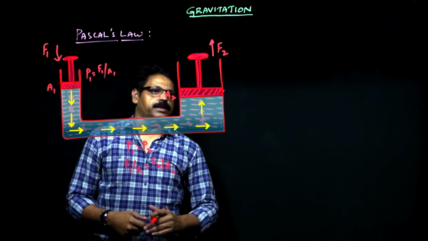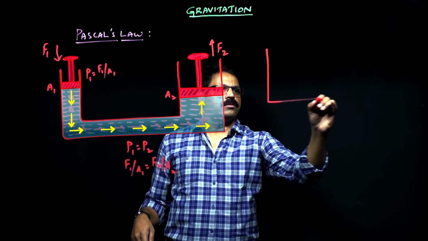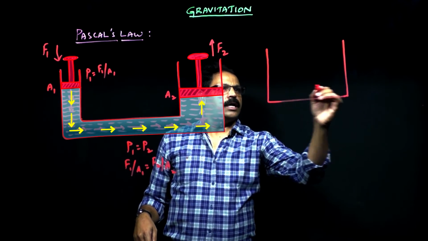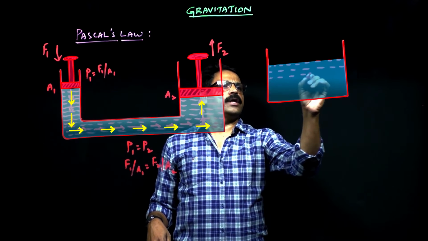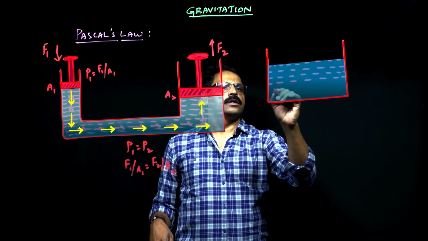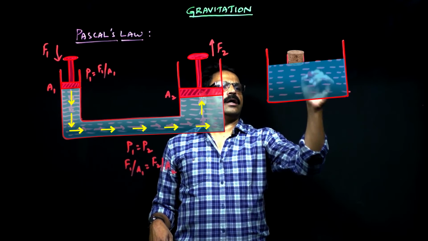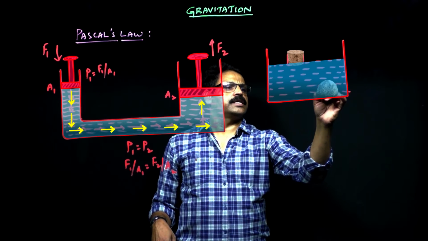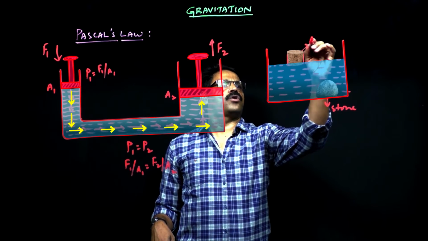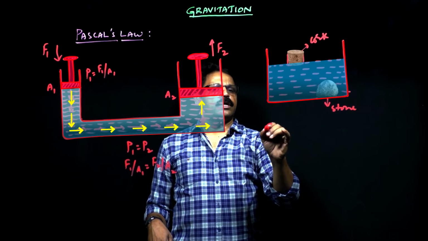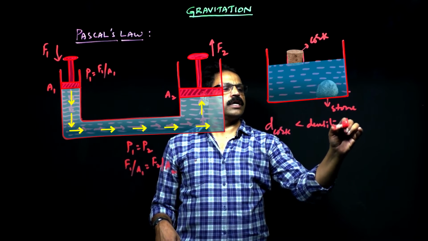And in this particular chapter, one more thing you need to remember is, whenever you are taking a body into a fluid, depending upon its density. For example, if I take a wooden cork over here and a stone, the stone sinks and the cork floats, because the density of the cork is less than the density of water.